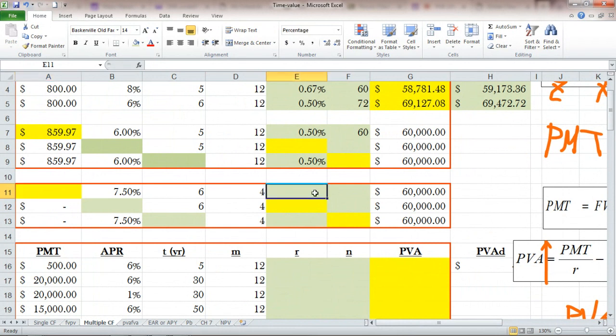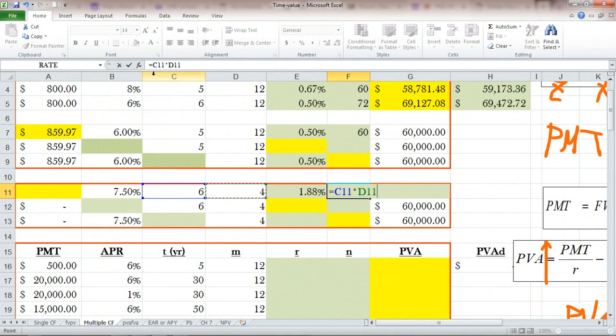Of course, we can simply divide our APR by 4, and then 6 times 4, right? That will be 24 quarters in 6 years.